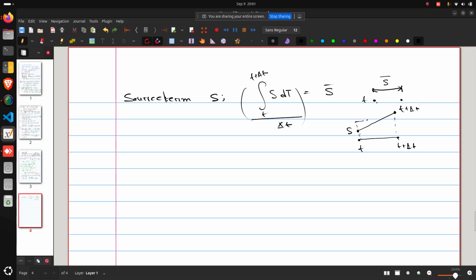We will take an average value of that. That average value can be S at t plus delta t, it can be S at t, and also somewhere between these two, right? So now let's see what is the temporal accuracy of such approximations.